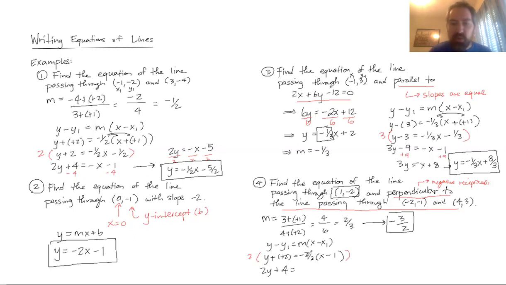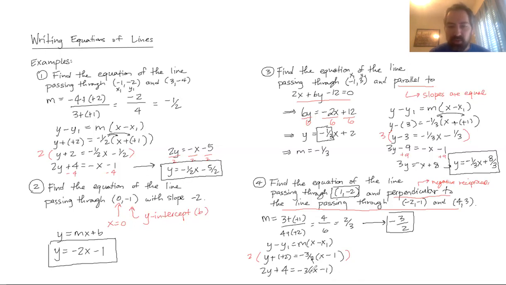When I multiply the right-hand side by 2, I'm doing that so I can cancel that denominator out with a 2. So then I've got just a -3 times x minus 1. And don't make the mistake of multiplying the terms on the inside by 2, because that -3/2 times x minus 1 is all one term. So when you multiply that whole thing by 2, that's going to cancel the denominator out.